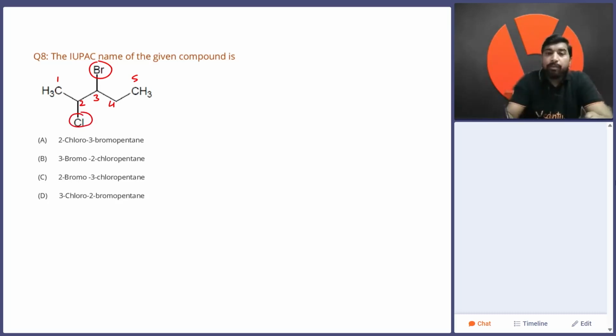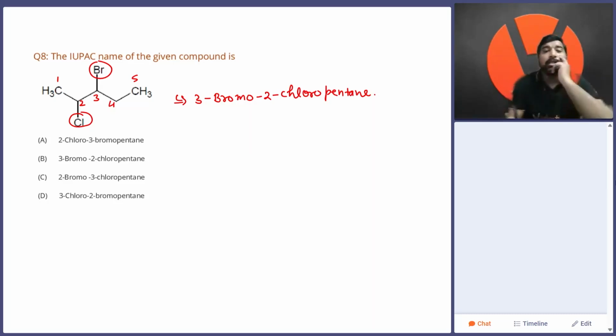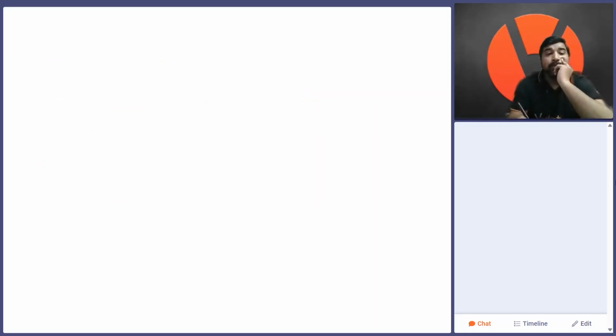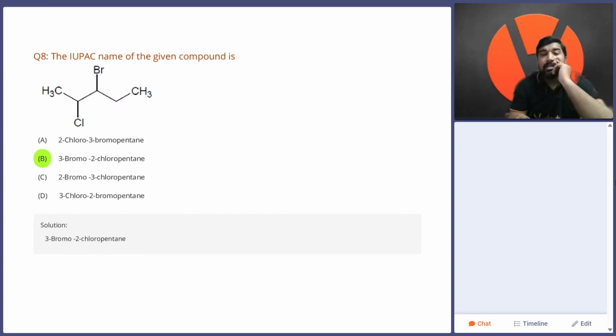So from alphabetical order, the name should be 3-bromo, 2-chloro, and there is a 5 carbon chain, so that should be pentane. Now cross check the answer. That should be 3-bromo-2-chloropentane. The right answer should be B. Yes, definitely right answer is B.